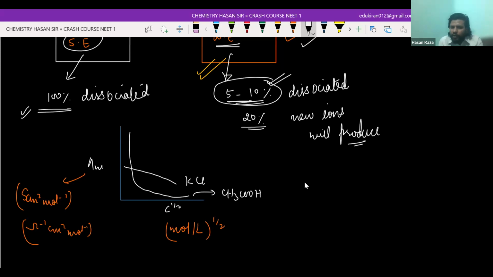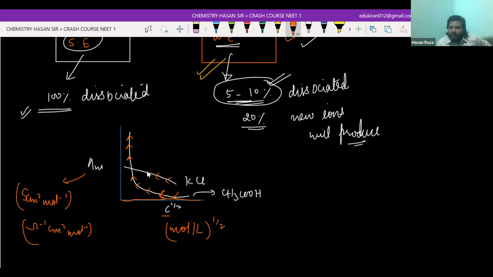Now, how are you going to read this graph? You can see if you go from left to right, that means you are decreasing the concentration. If you move from left to right towards the origin, the value of concentration decreases. That means dilution increases. So if you dilute it, you can see molar conductivity increases drastically as compared to the strong electrolyte.